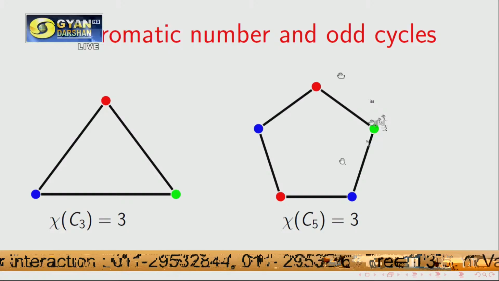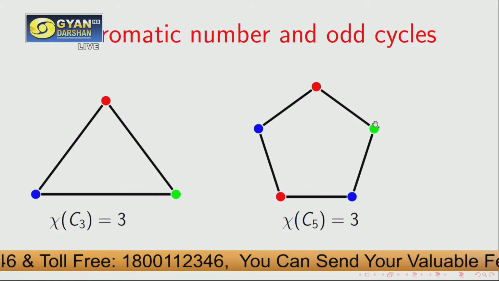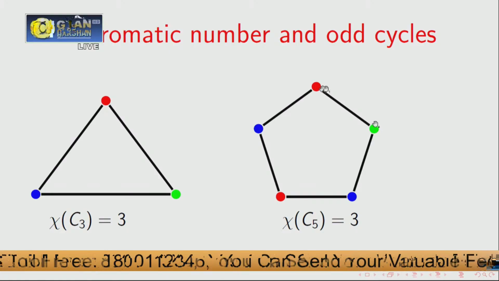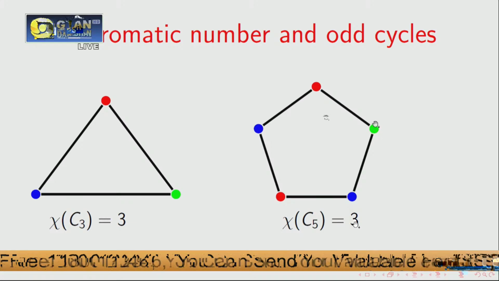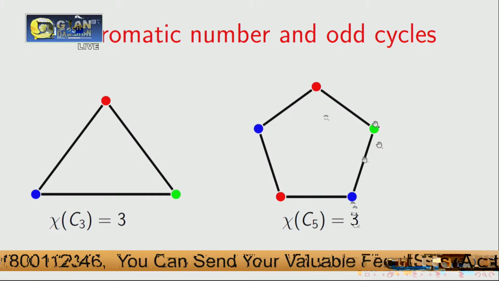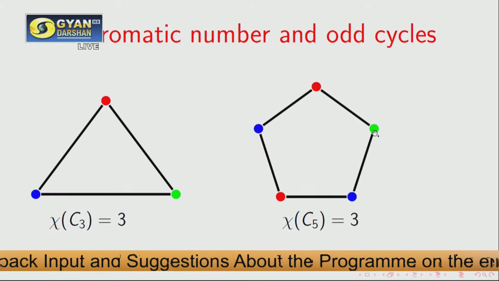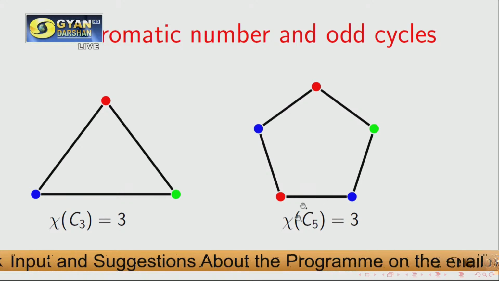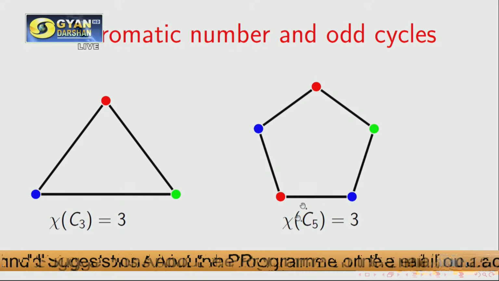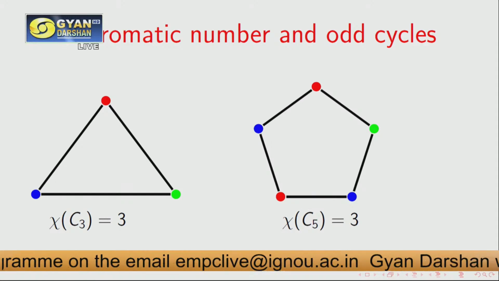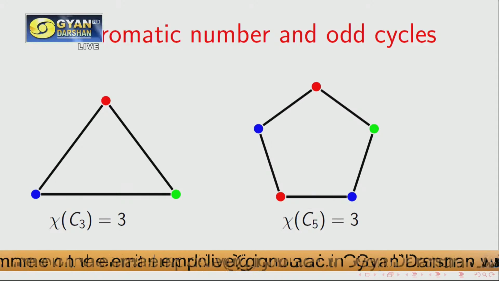So this vertex cannot be colored red and neither blue, so we need a third color, say green. Therefore C5 requires 3 colors, and you can extend this argument to any general odd cycle.